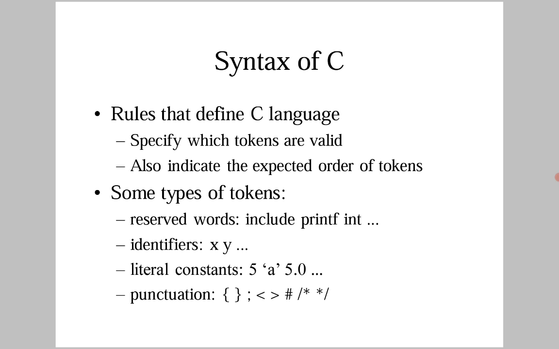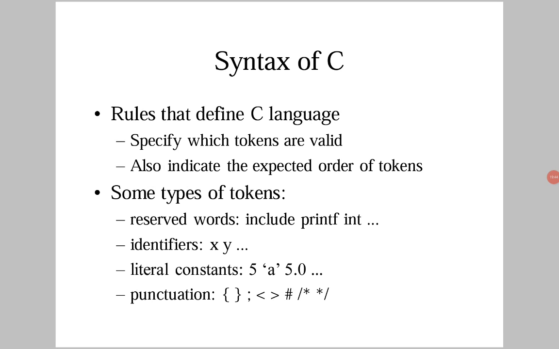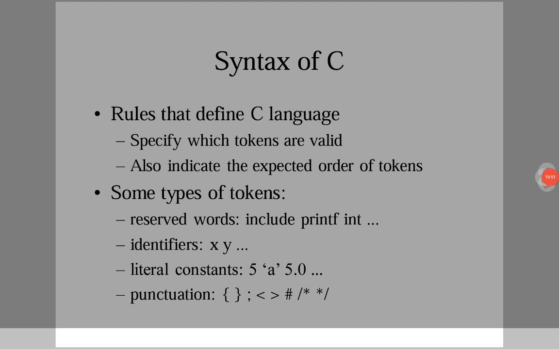Identifiers are also called variables. Then punctuation symbols: there are many special symbols used for punctuation, like brackets, semicolon, greater than, square brackets, hash. All these are special symbols used for writing C programs, and they have specific predefined meanings.